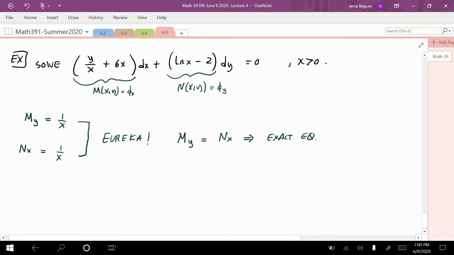Now, I would say if I were to do this problem, I'm going to pick M to integrate, because if you want to integrate N, you're working with ln of x. How do you integrate ln of x?